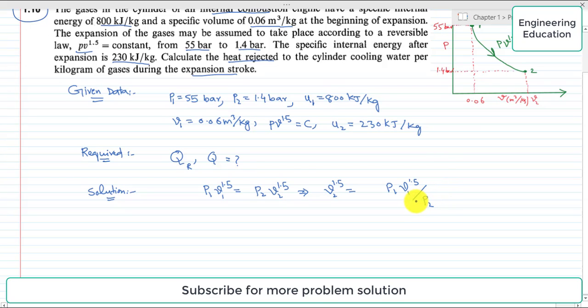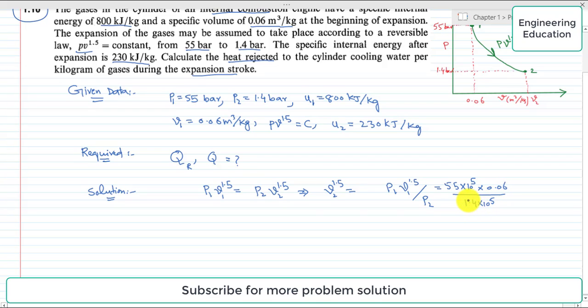So putting the values in this, P1 is 55 bar, so converting it into Pascal, a factor of 10^5 will be multiplied with this, and V1 is 0.06 cubic meter per kilogram, divided by P2, which is 1.4 bar, converting it into Pascal.